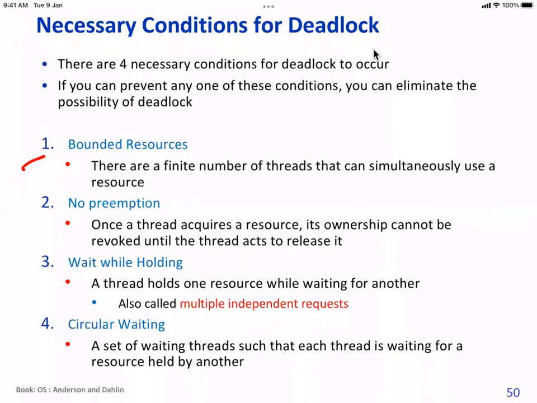No preemption, it means a resource that is in use cannot be taken away forcefully. Wait while holding, it means a process holding a resource will continue to hold it, and wait for more resources. So a thread holds one resource while waiting for another, and the fourth is circular waiting.